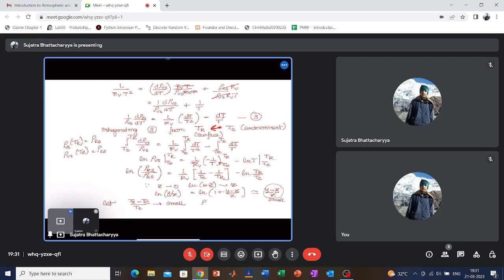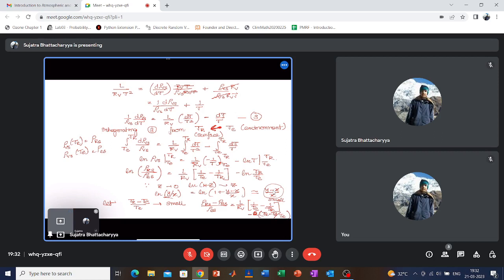It will be (rho_rs minus rho_es) divided by rho_es equals L by Rv times (1 by Te minus 1 by Tr), and see this log Tr by Te is there. Log y by x is written like this, so it will be written as just (Tr minus Te) by Te. Okay, that's all.